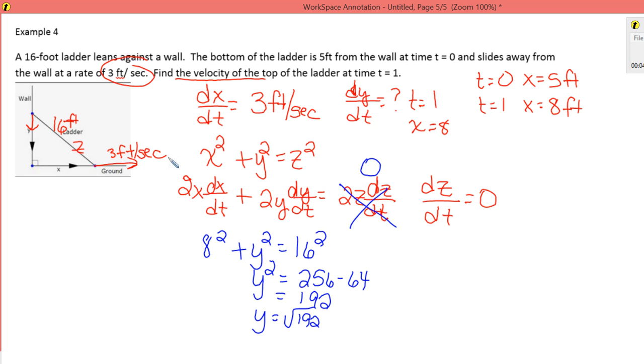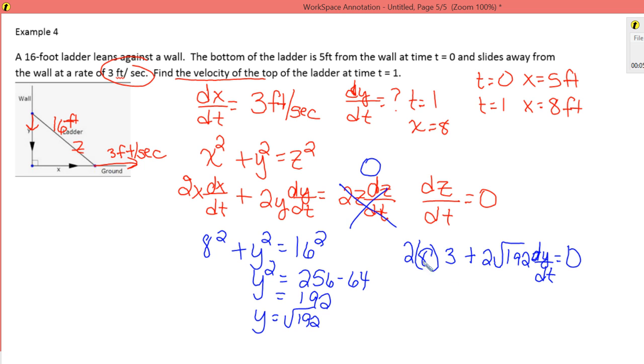So to solve this, I'm going to evaluate for all the quantities that I have. So I have 2 times x, which is 8, times dx/dt, which is 3, plus 2 times y, which is the square root of 192, times dy/dt, and that's equal to 0.